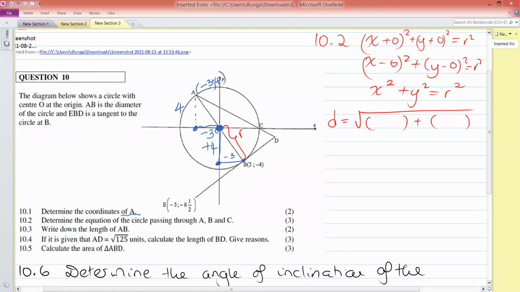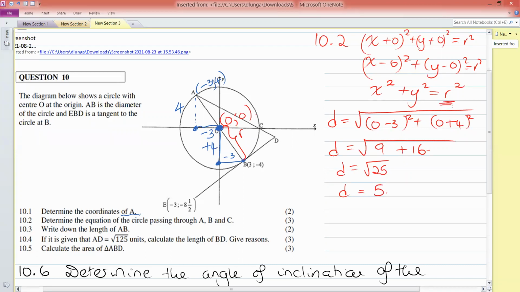because we're using 0, 0 as the other point, here you're going to have 0 minus 3 squared, and 0 minus minus 4, this becomes positive, squared. So what you have here is 9 plus 16, square root of 25. So that's 5.